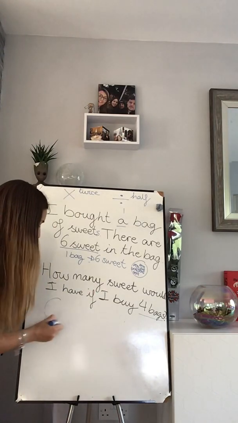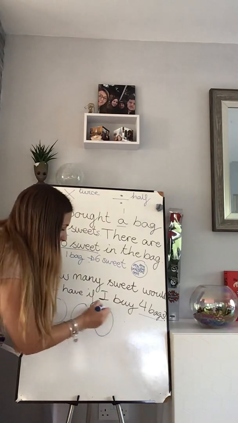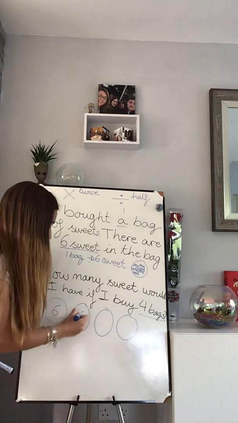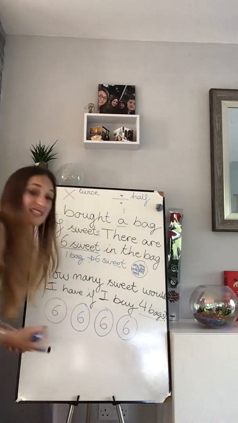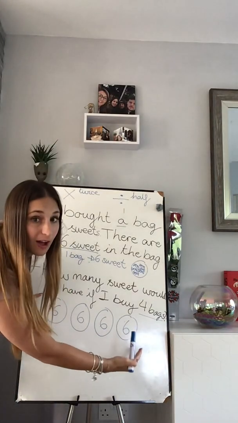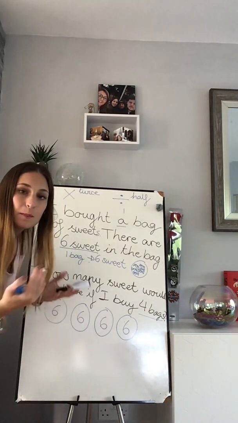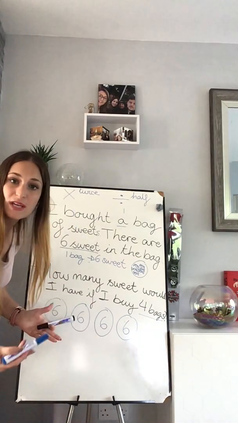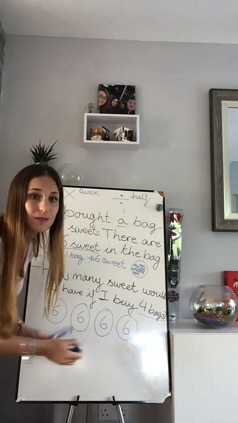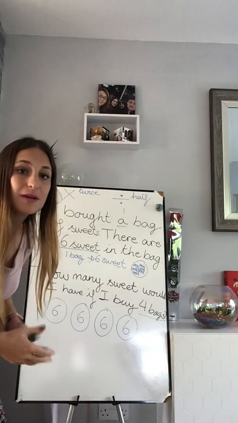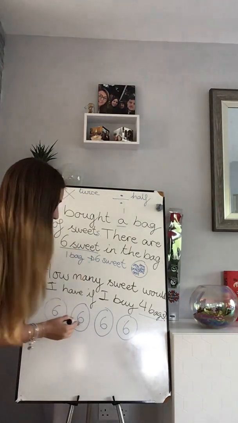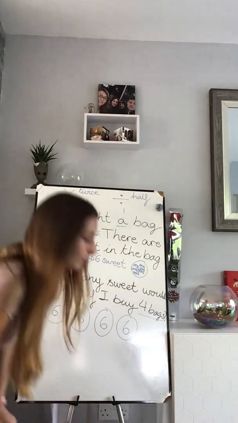Okay, so I'm going to buy 4 bags, 1 bag, 2 bags, 3 bags, and 4 bags. And on each bag, that is going to be 6 sweets. So I can do, to see the total, how many in total, I can add it. But we know that multiplication is a quicker way of adding repetition. Yeah, repeated addition. If I am adding a repeated addition.